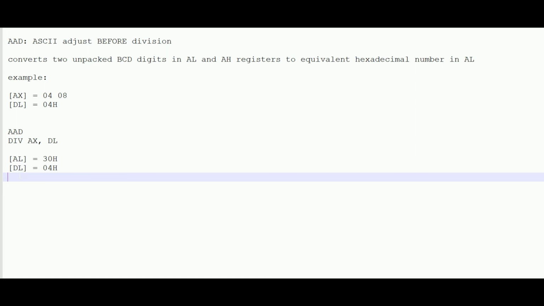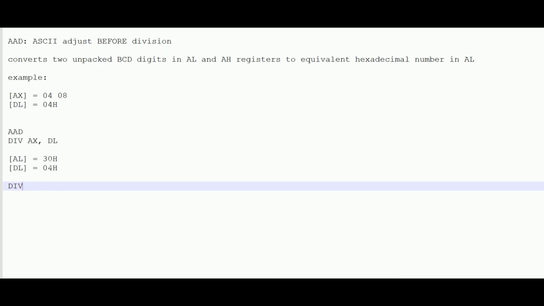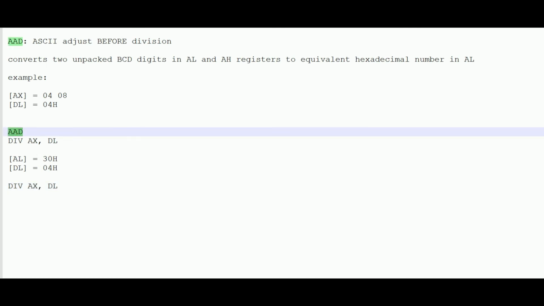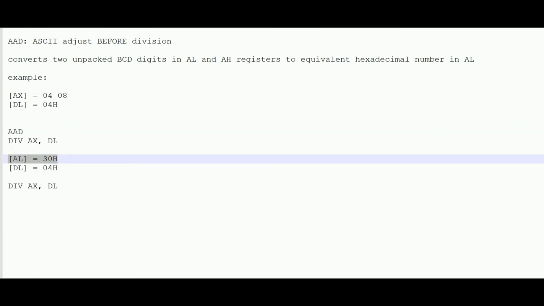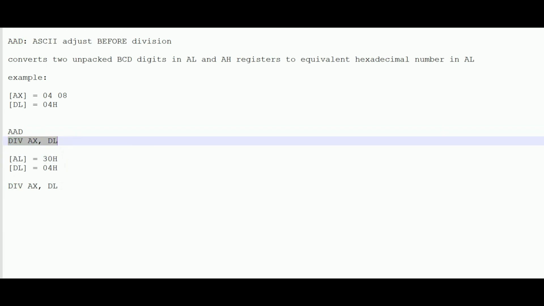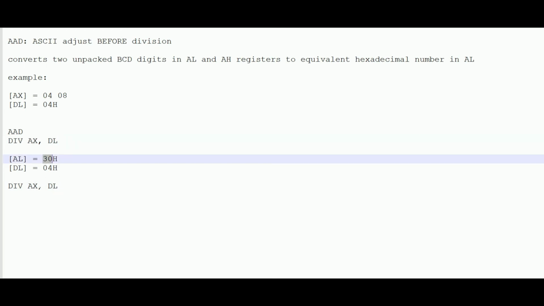So by the use of the AAD instruction you have got AL as 30H. Now after this, DIV AX comma DL is performed. So now AX is 0030H and DL is 04H. So what do we get?